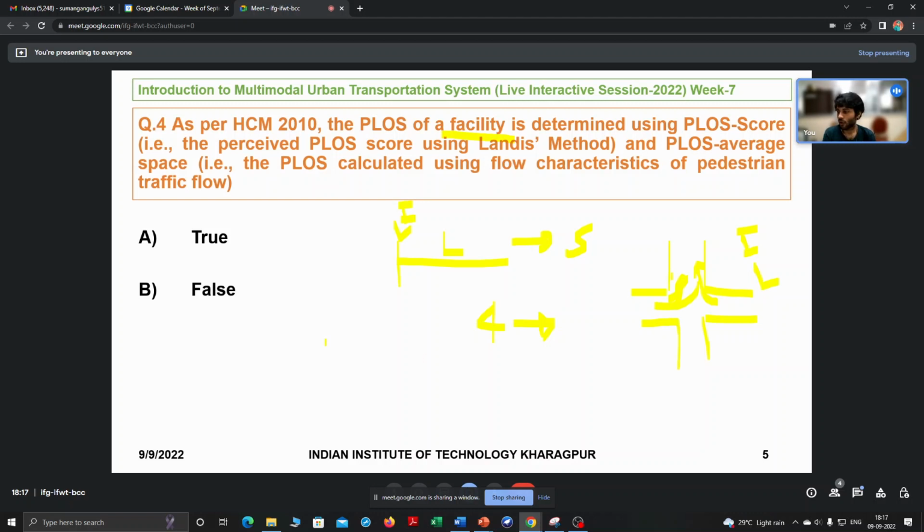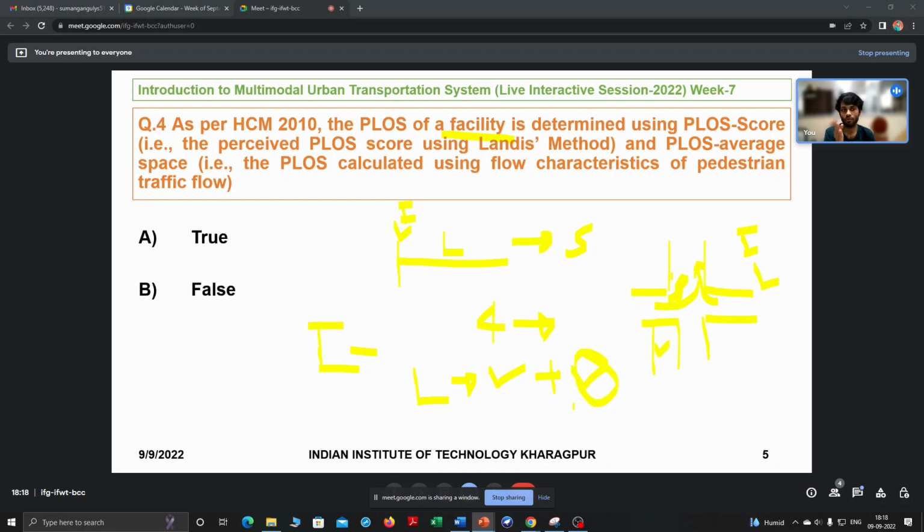For a particular intersection, we can calculate the PLOS score using the Landis method, considering that complete formula. For a particular link, you can use that same formula, plus you need to see the pedestrian space, for example on the sidewalk. Then the worst of them, the worst rating, you need to take for this link.